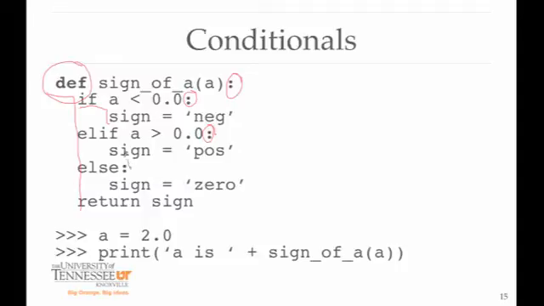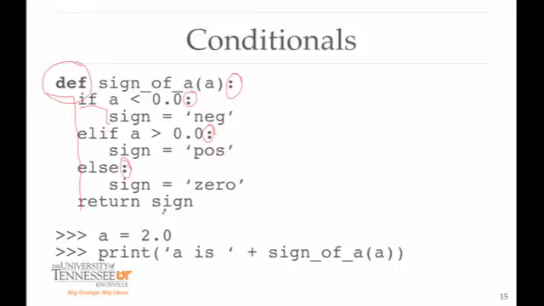And again, do keep in mind each block is being started with a colon. It's something easy to forget, but something you just have to get used to. And of course, if the previous two are not true, then it must be 0. And this particular function is returning a string, and the string is either going to be neg, pos, or 0.